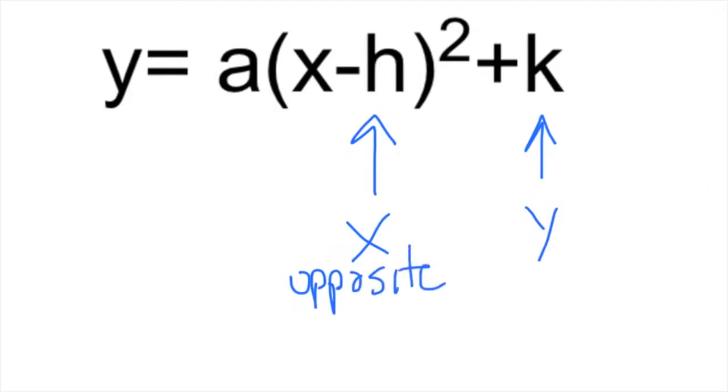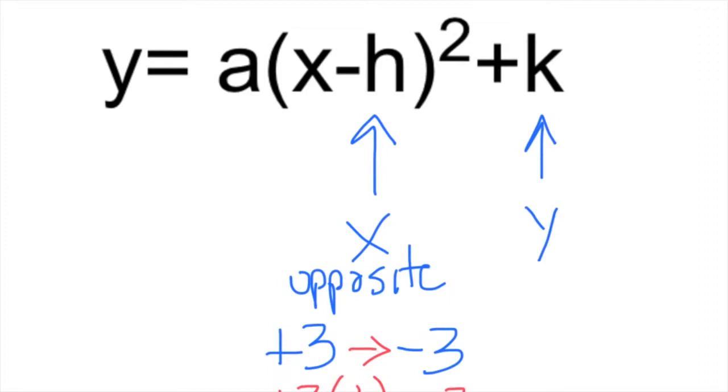That is, if it was a positive 3 in our formula, our vertex was actually negative 3. So how do you turn, say, a positive 3 into a negative 3? Well, the easiest way is simply to multiply it. In this case, if you take a positive 3 and you multiply it by negative 1, you get negative 3.